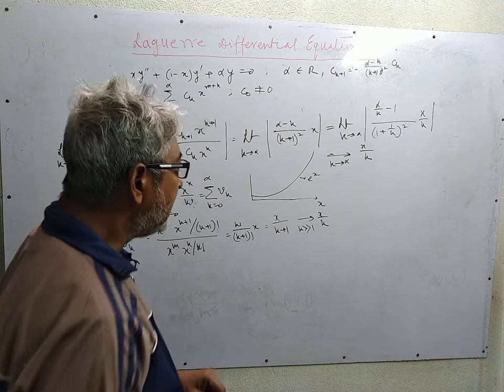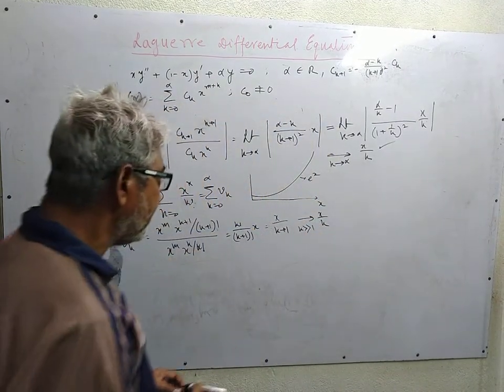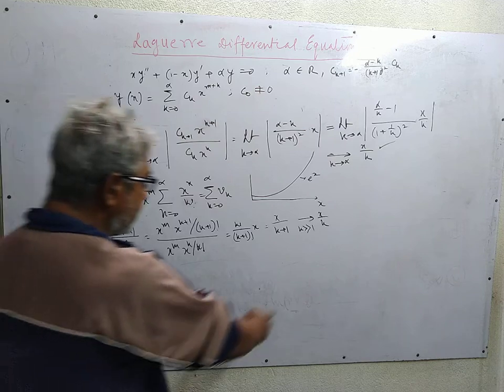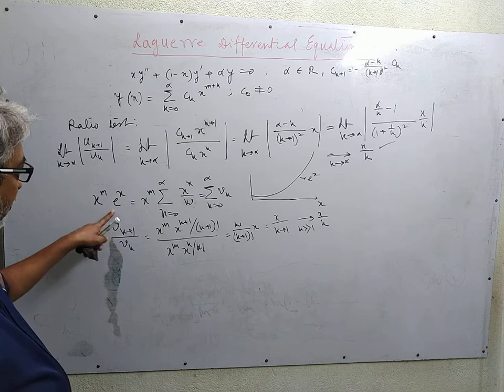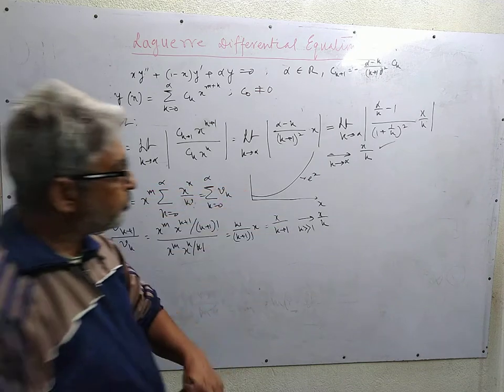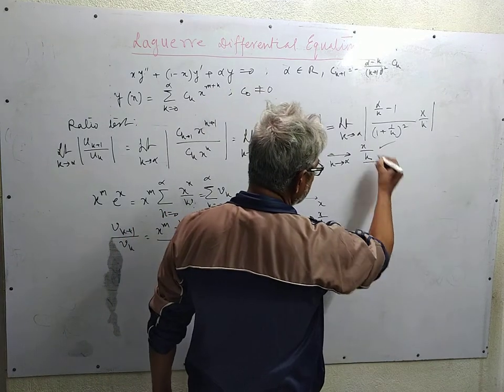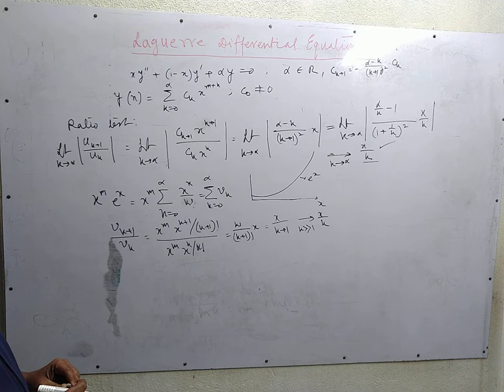So we see the asymptotic behavior of the infinite series solution of the Laguerre differential equation is similar to the behavior of the non-divergent series. So as per the comparison test, we conclude that this infinite series solution of the Laguerre differential equation has asymptotic divergence.